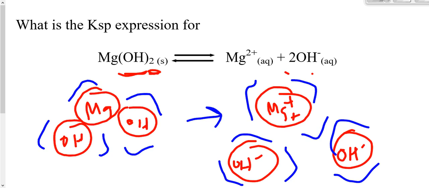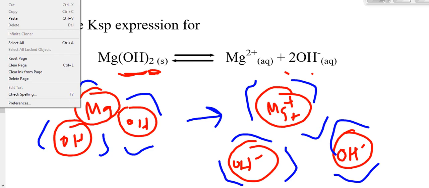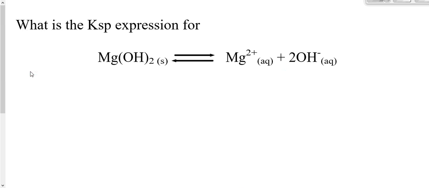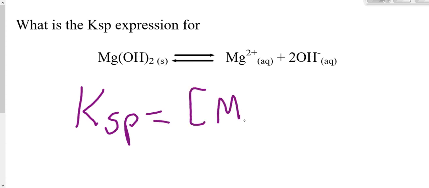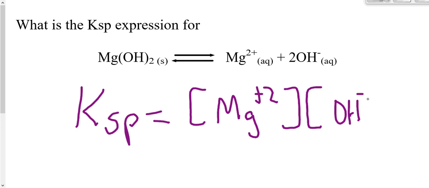And so this balanced equation is explaining to us how the magnesium hydroxide broke apart into its ions. Okay, so let's take a look then at how the Ksp expression would look for this. My Ksp expression looks like this. Ksp is equal to the concentration of my magnesium plus 2 ion times the concentration of my OH minus 1 ion.